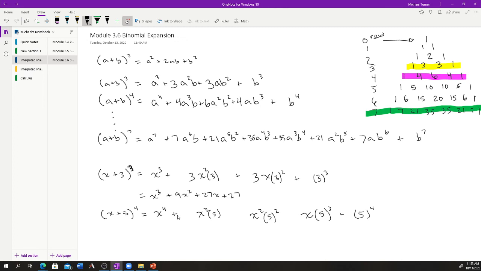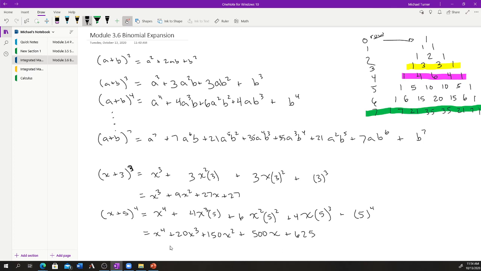Fill in your coefficients. This is a fourth degree polynomial, so I have 1, 4, 6, 4, and 1. Now it's just a matter of the arithmetic. 5 times 4. 5 squared times 6. 5 cubed times 4. And then 5 to the 4th power. So that is your binomial expansion.